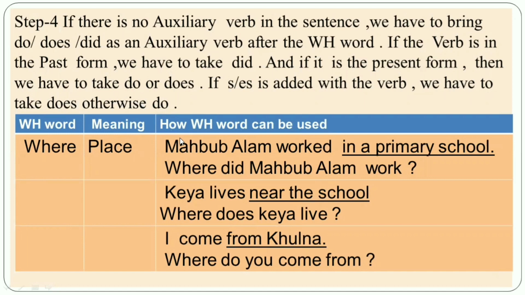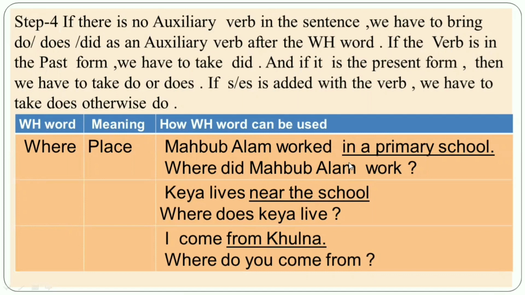So here you can see, Mahbub Alam worked in a primary school. Here you can see the underlined word is a place. So which WH word will be used? Yes, where. And you have to look, is there any auxiliary verb in the sentence or not? No, there is no auxiliary verb. So what do you have to do? Look at the verb.